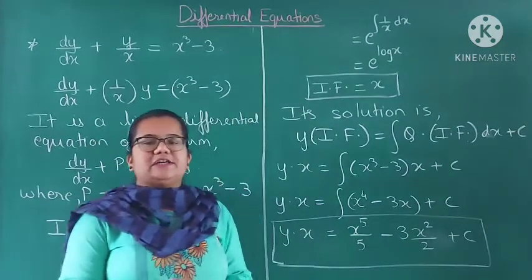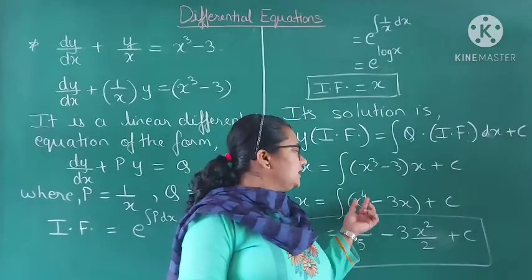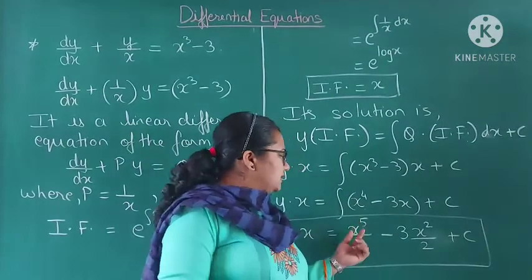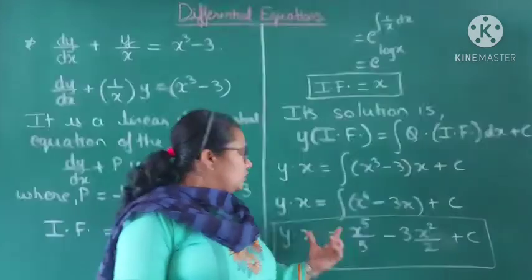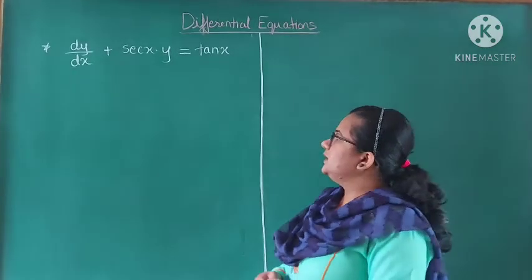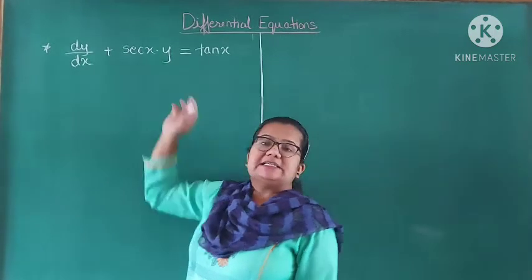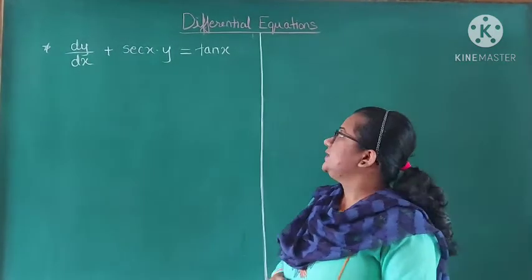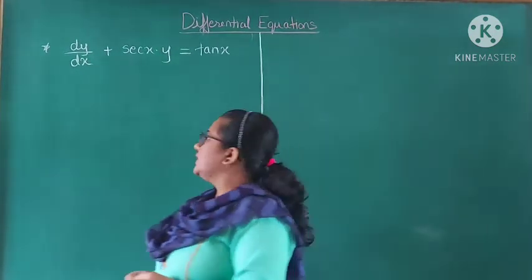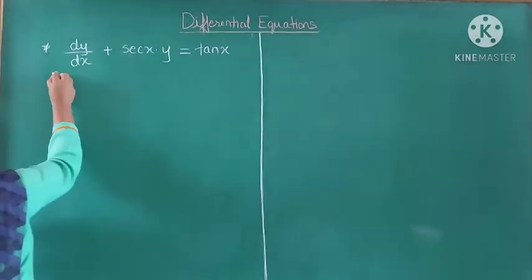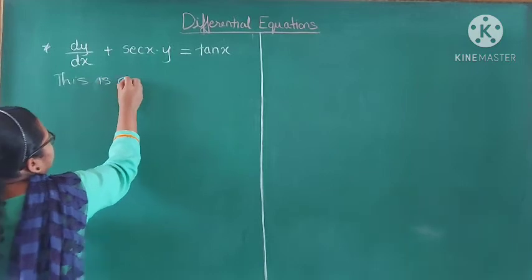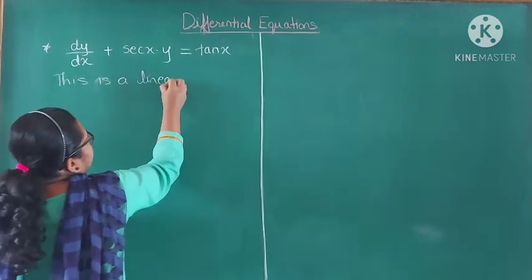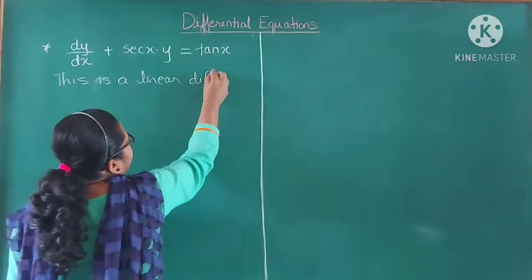See, already we have studied integration, so you should know the integration of x raised to n is x raised to n plus 1 upon n plus 1. So this is your general solution. Here is a very simple method: find the integrating factor, then this is the solution. Substitute the integrating factor, solve the RHS part, and you get the general solution of the given differential equation.